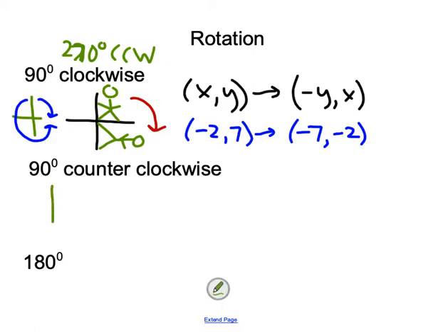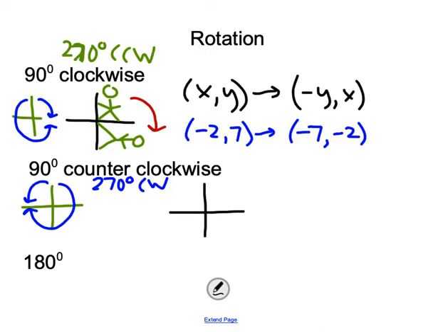All right, for a 90-degree counterclockwise, well, pretty similar. It could go 90 degrees counterclockwise, that would be the same as 270 degrees clockwise. If I was going to do my little sketch of the person, I think you get it, maybe not. What would that guy look like?